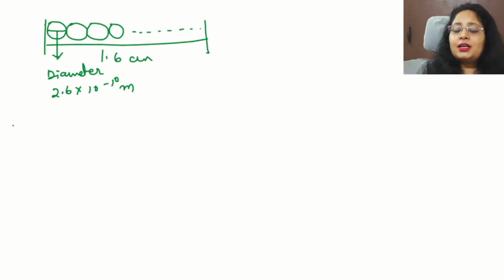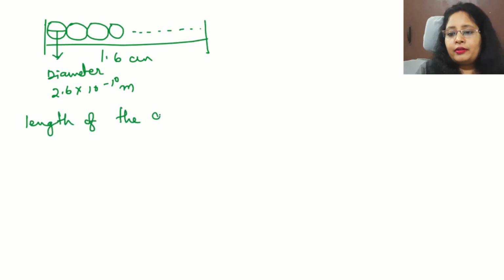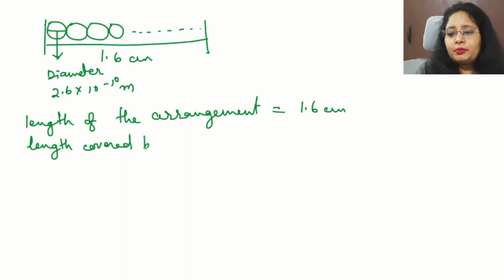So now they are asking number of atoms. So we can write like that. The length of the arrangement is equal to 1.6 centimeter. Then the length covered by one atom, that will be its diameter which one atom is covering.